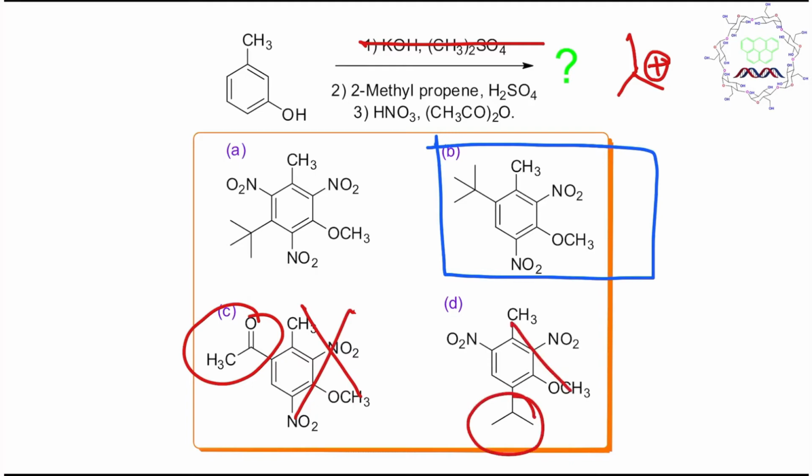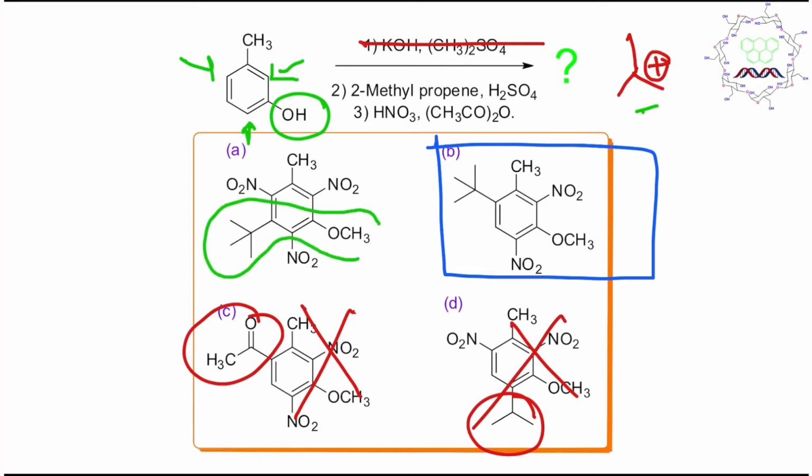This is isopropyl, no tertiary butyl, gone. What is left, student? Second, where can this tertiary butyl group attack? So 2 options are possible, ortho or para, because with respect to OH, here it is attached at meta, so not possible. Now you can see what is left, so this is the answer.